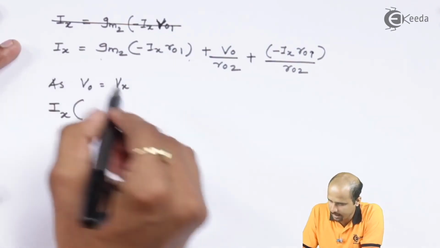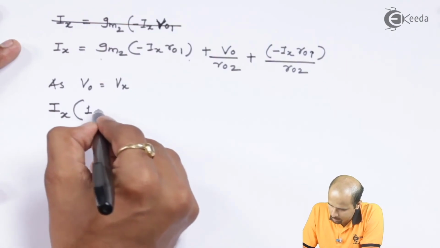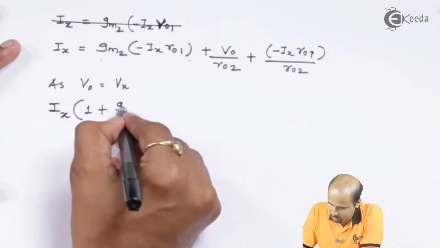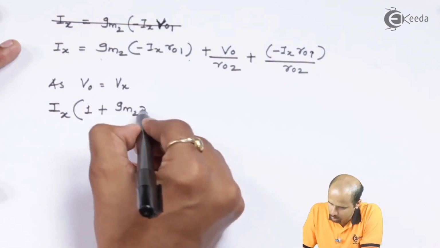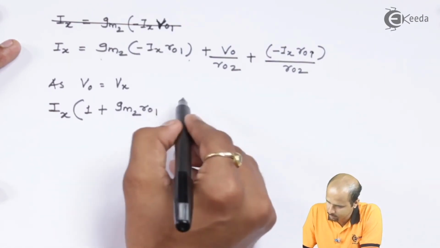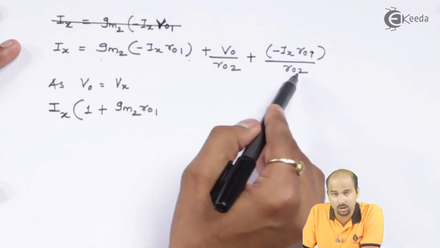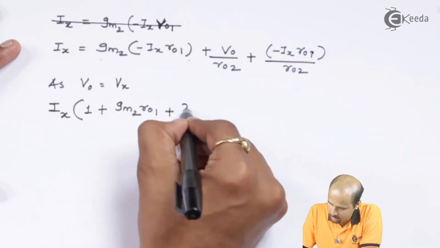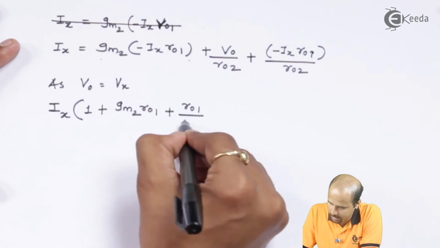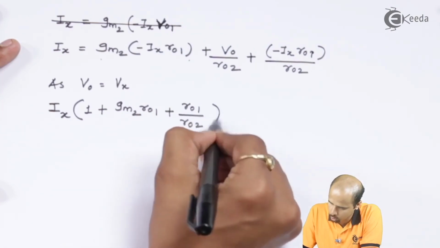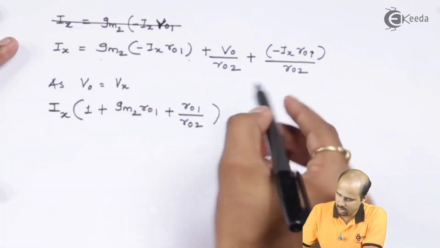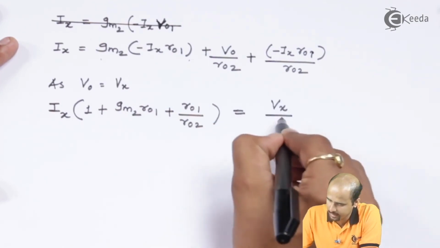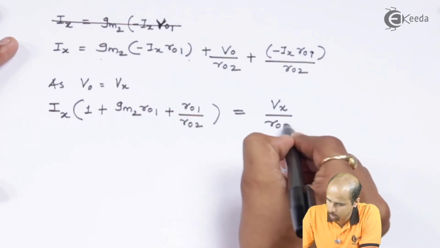This will be Ix times 1 plus the term gm2 into ro1, and another term plus ro1 divided by ro2. Clear? This is your Ix, and here we get only one term, that is Vx divided by ro2.